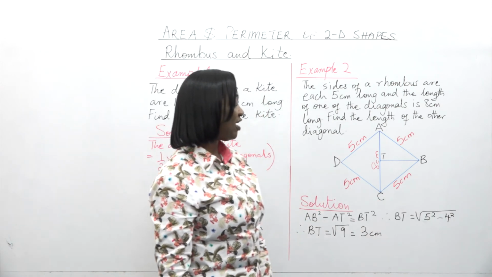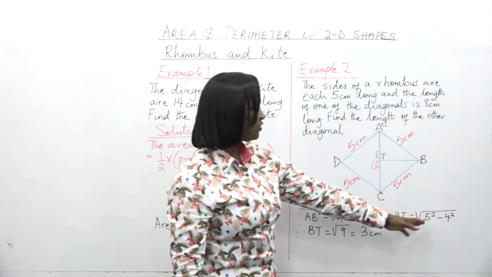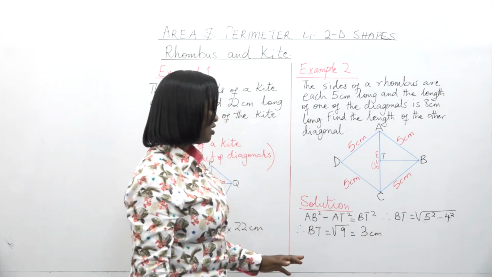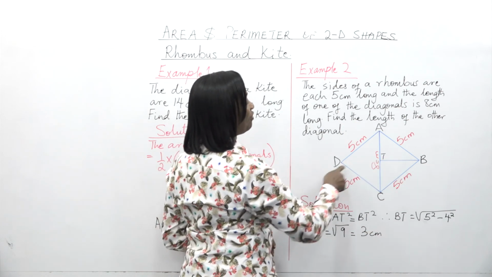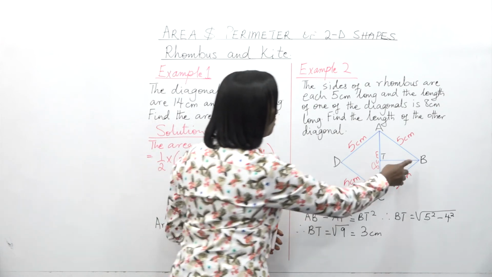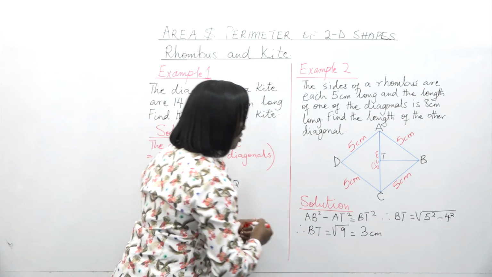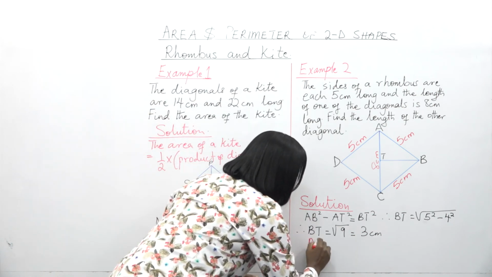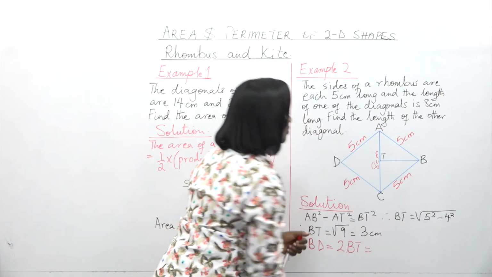5 squared is 25. 4 squared is 16. So 25 minus 16 is 9. So BT is the square root of 9. And BT is half of the length of the other diagonal. So then, to find BD or DB, which is the second diagonal, BD is equal to 2BT.